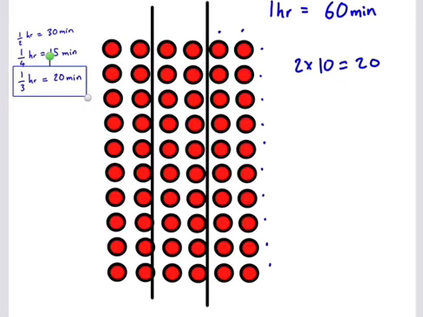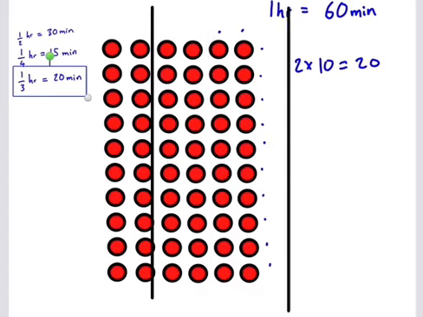Once we've got the unit fractions, we can do the non-unit fractions. So let's go back to our quarters.